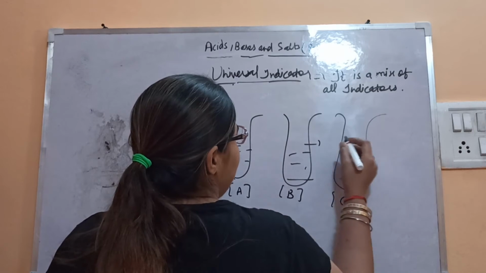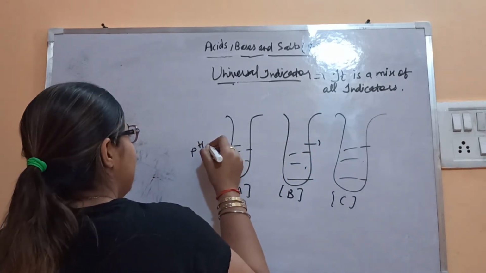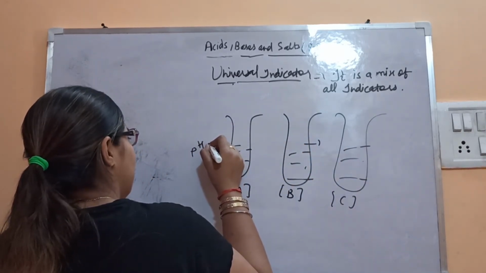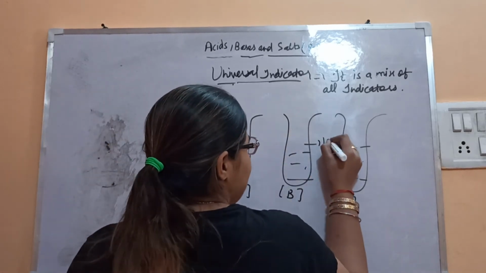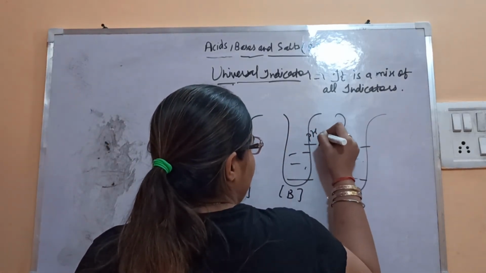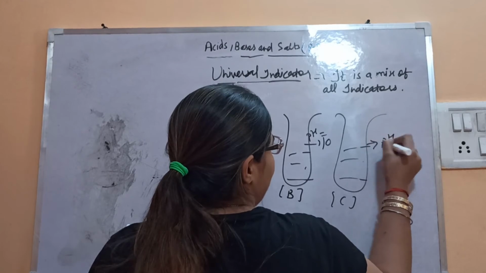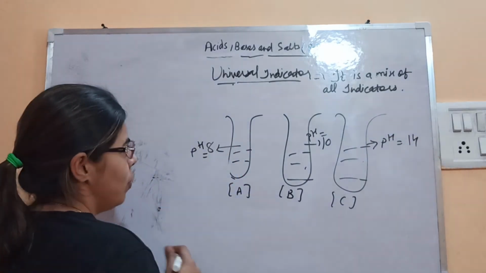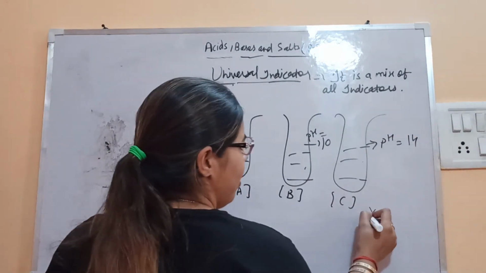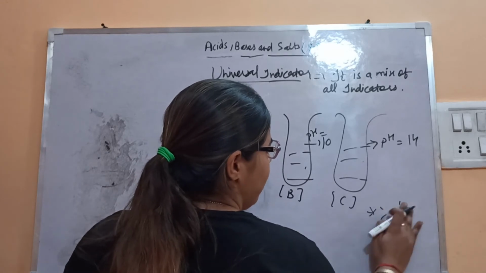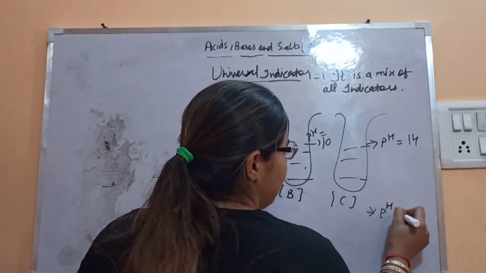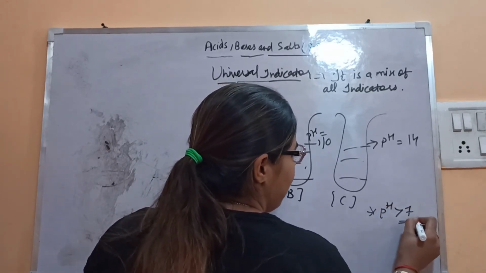This is C. Okay, so here pH, let's say it is 8, here it is 10, and here it is equal to 14. Okay, so all are basic, pH is greater than 7, it means all are basic.